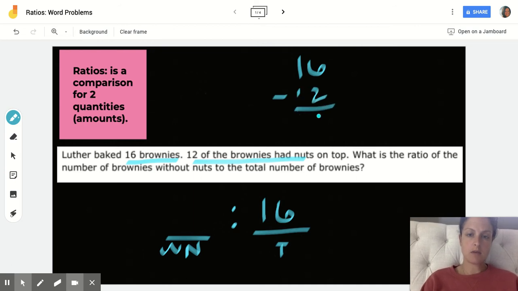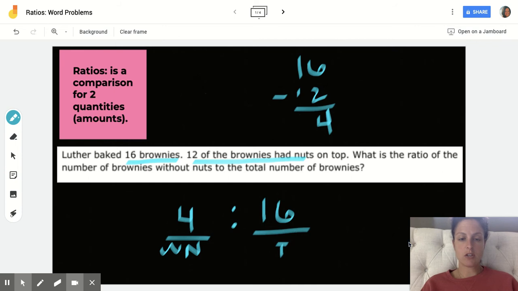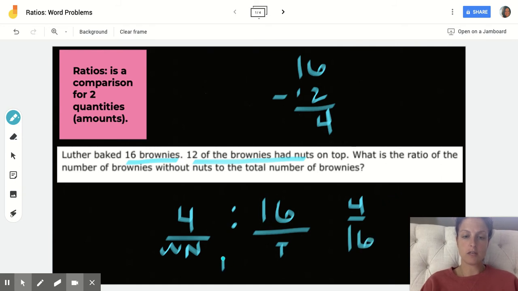And we would be left with 4 brownies that did not have nuts if 12 of them did, because 4 plus 12 is 16. So we had 4 that did not have any nuts. So our ratio is 4 to 16. You can write it with the colon, with the fraction bar, or with the word "to" in the middle. So 4 to 16.